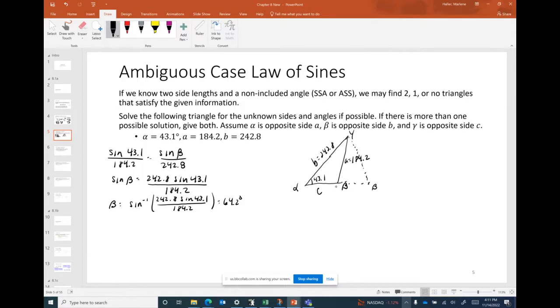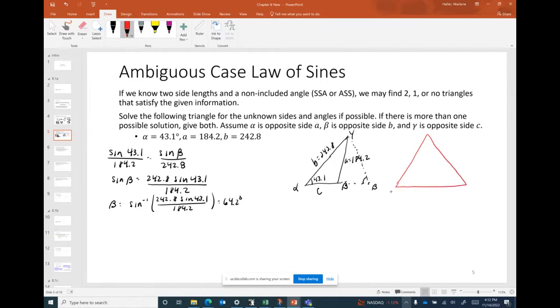All right, so which angle did I find? Did I find this obtuse angle or the acute? I found the acute angle, and that's fine. It doesn't really matter which one I find, right? In fact, I've got two triangles. Let's draw the second triangle. I'm just going to make it a whole separate triangle in red.